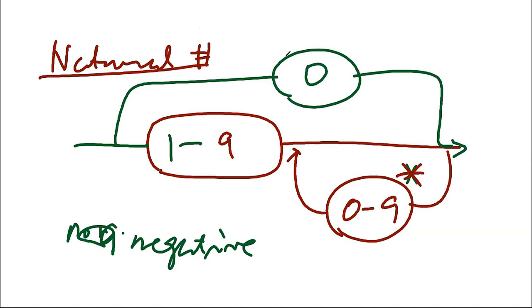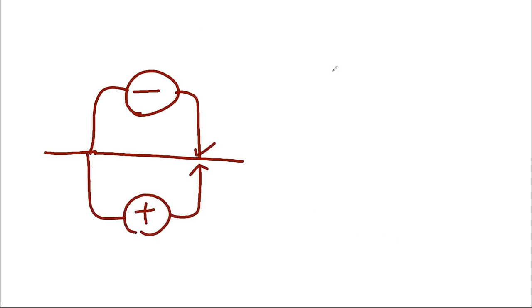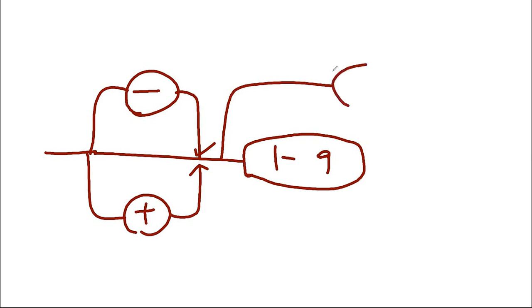Okay. How about integers? Integer, you may have a negative sign, right? So actually you will come with nothing, or you have a negative sign, or you may have a positive sign. Come to here, right? And you would have 1 to 9 over here, or you can go 0.